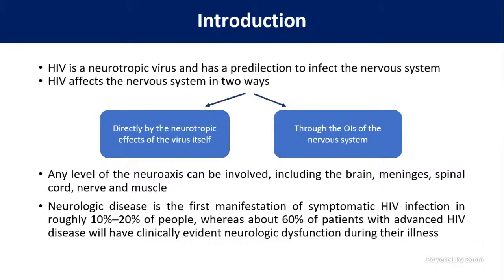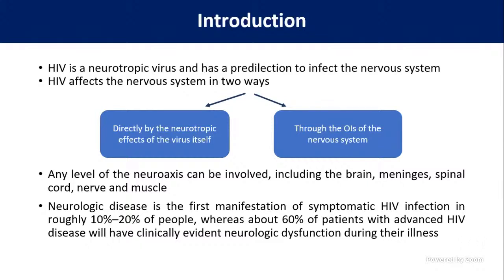It is very important to remember that any level of the neuraxis can be involved, from the brain to the meninges to the spinal cord, the nerve and the muscle. We tend to focus most of our attention on the brain and the meninges, but we must remember that myelopathy, neuropathy and myopathy can also occur, as HIV can involve the neuraxis at multiple levels.